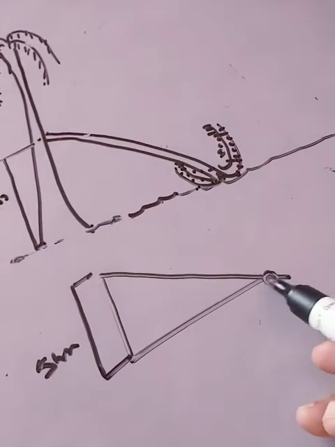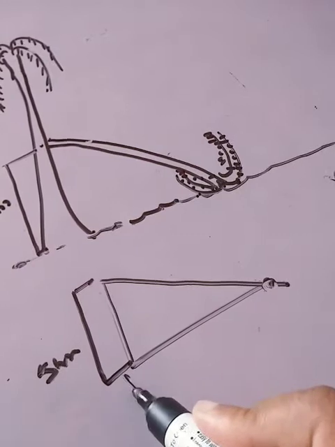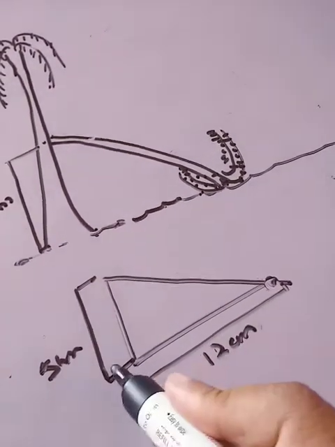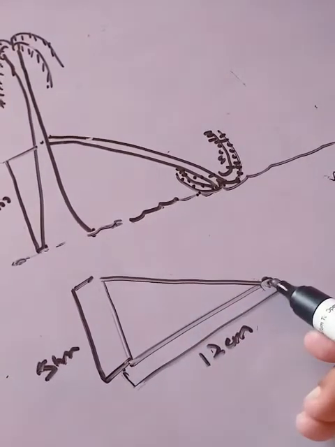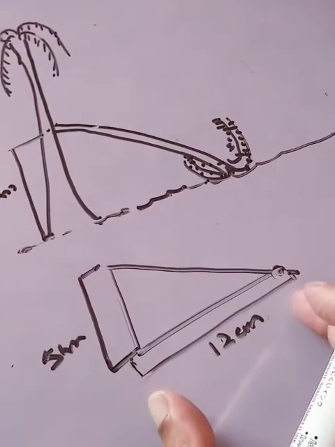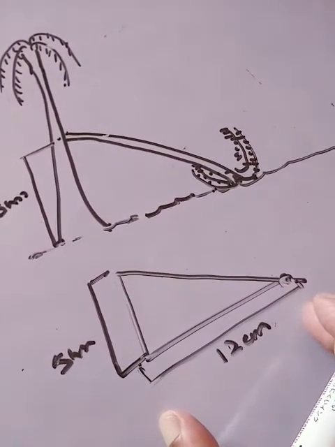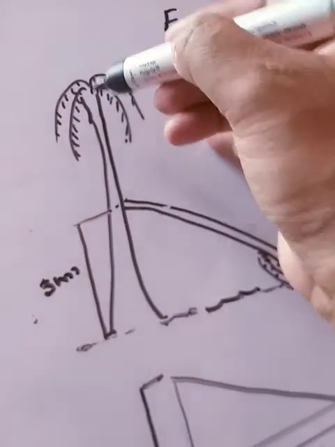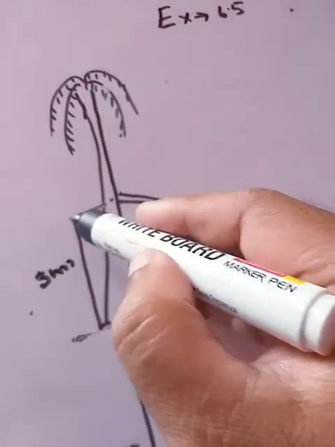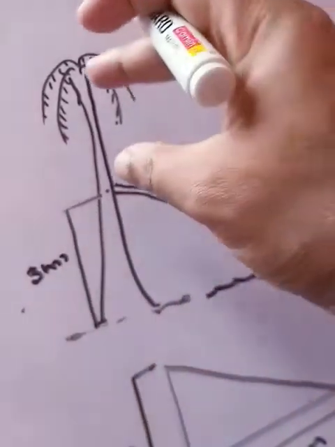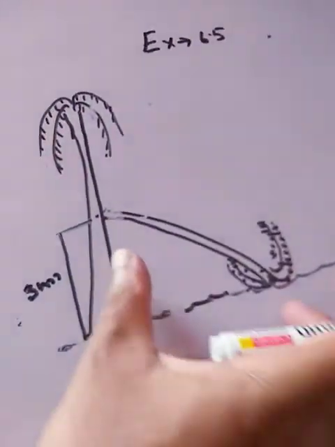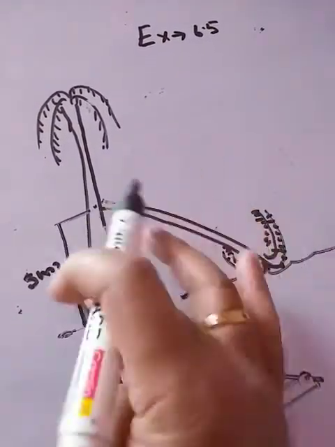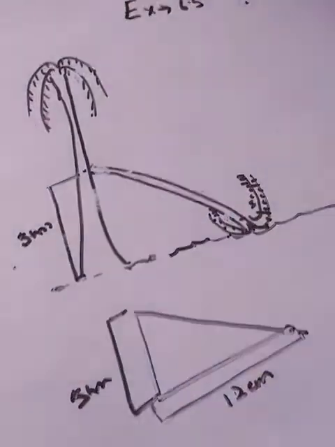So the distance between the base of the tree and the top of the tree is 12 meter. They are asking to find the original height of the tree, which means we have to get the whole height. We already know this much, 5 meter. If we know this part, then we can add the two parts to get the original height of the tree, isn't it?